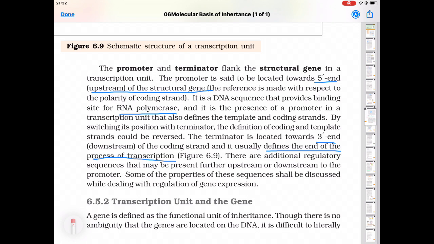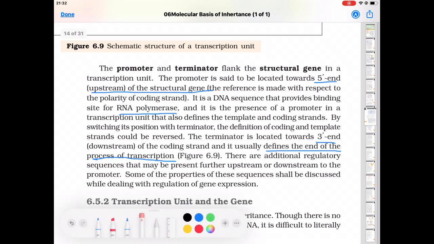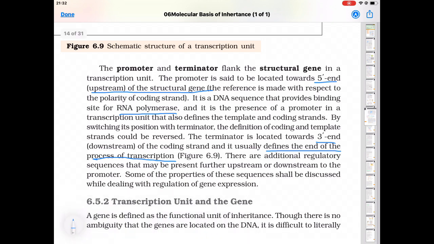An RNA primer is also used in this process; it first attaches to the leading strand and then DNA polymerase combines. After replication, the RNA primer is removed by RNase in eukaryotes. This gap is then filled by DNA polymerase. I hope this is clear to you.